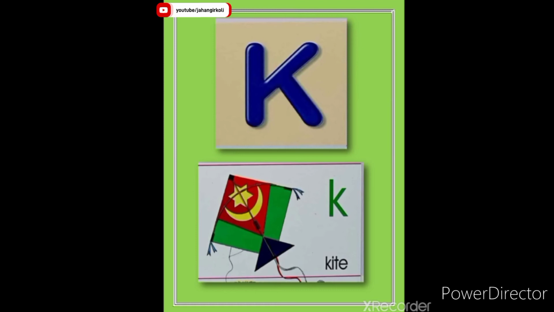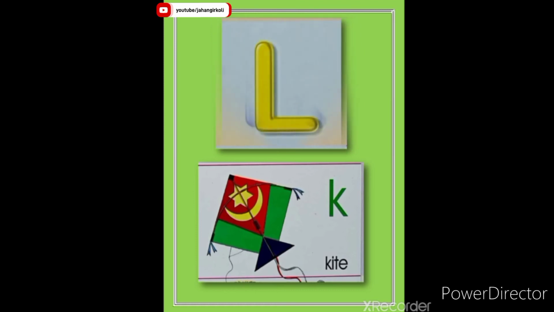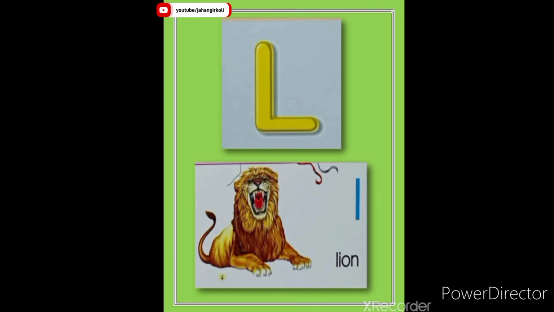K-I-T-E, kite. K is for kite. L is for lion. Lion.